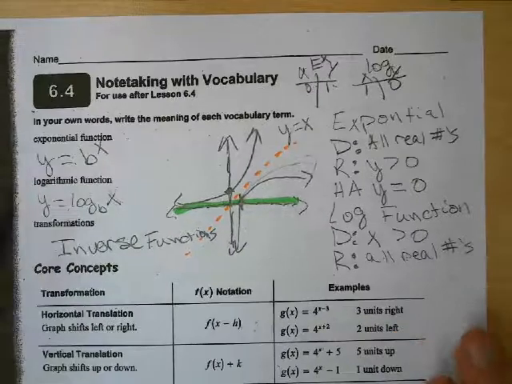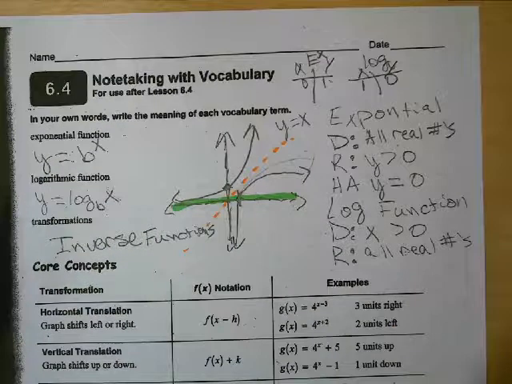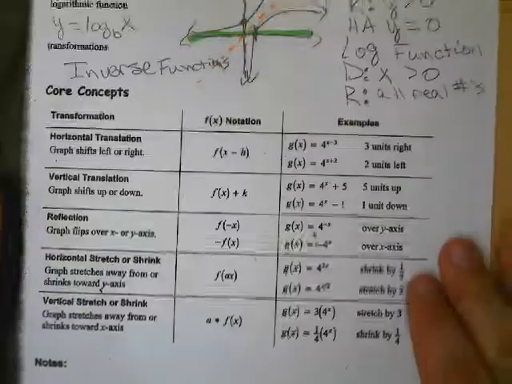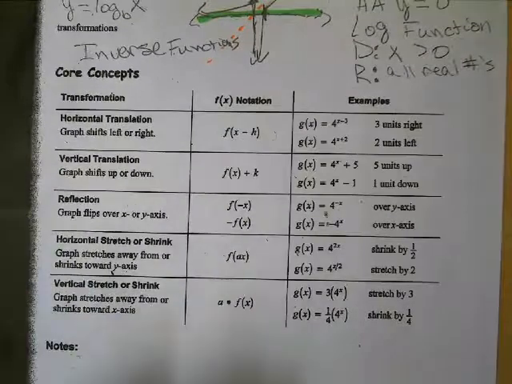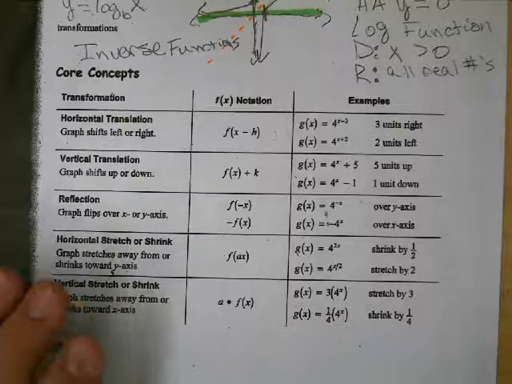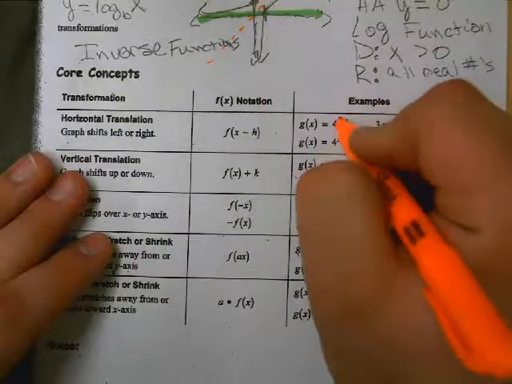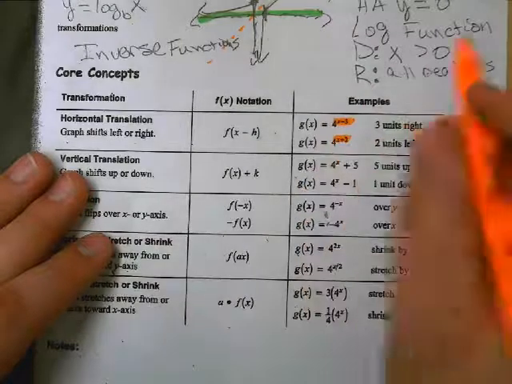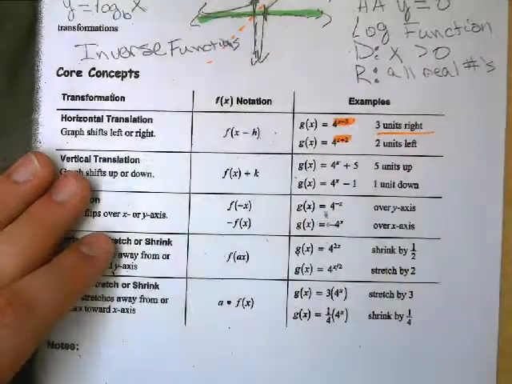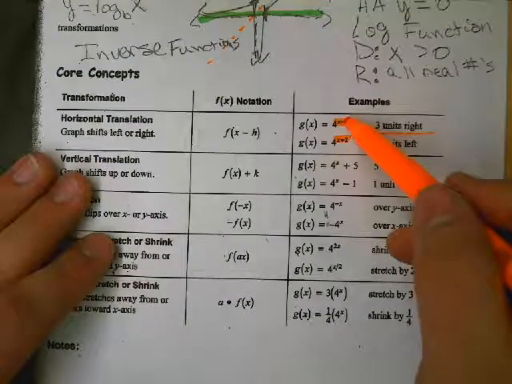Okay. If not, moving down here to the core concepts, there are different things this graph can do. It can be a horizontal shift, and it shows you things right down here. So if it moves 3 units to the right, it's going to be the opposite.